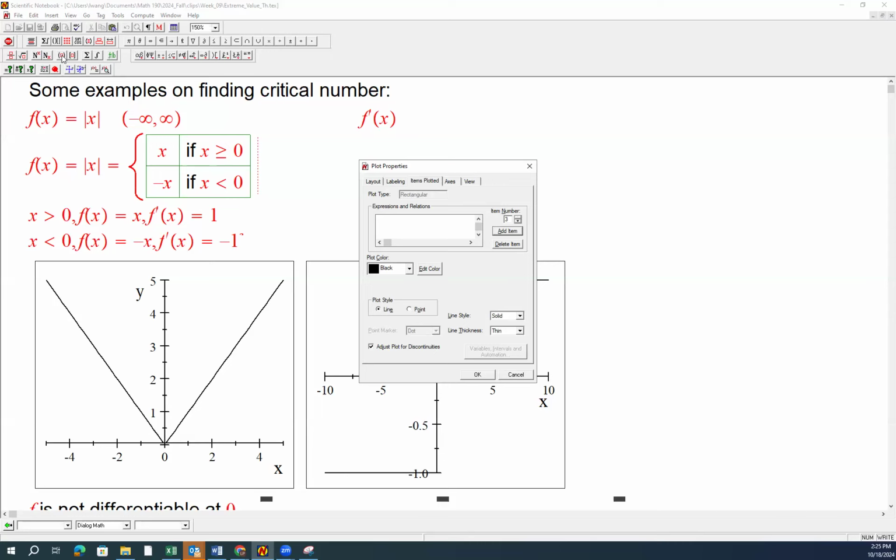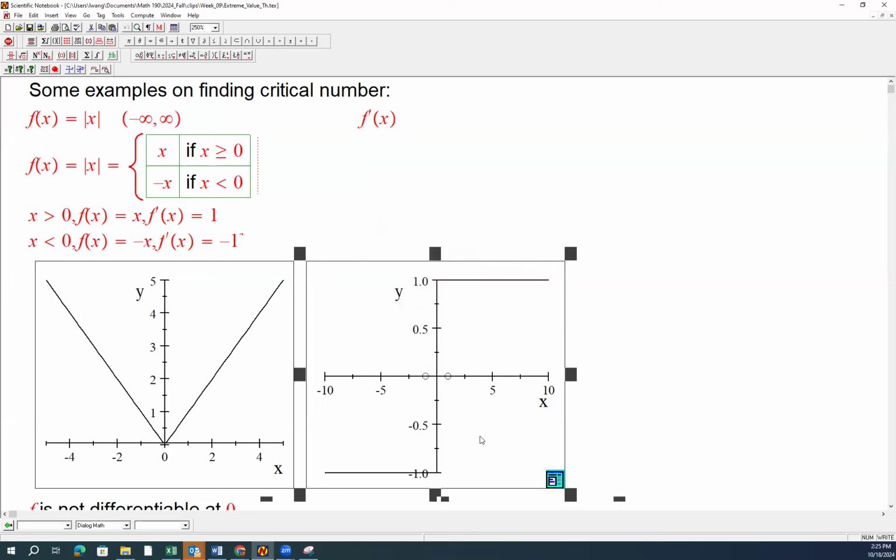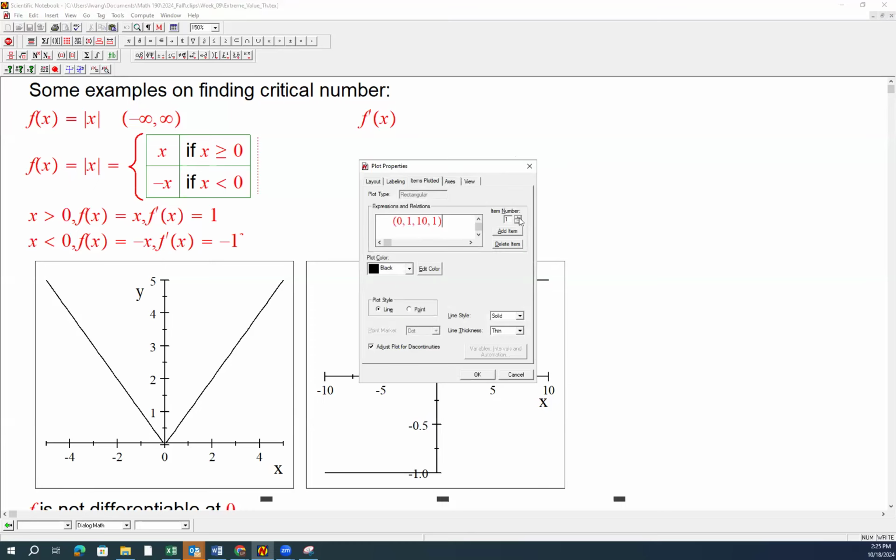Okay, so I'm going to draw a circle to indicate that. I probably forgot to make it red, so let me make it red.